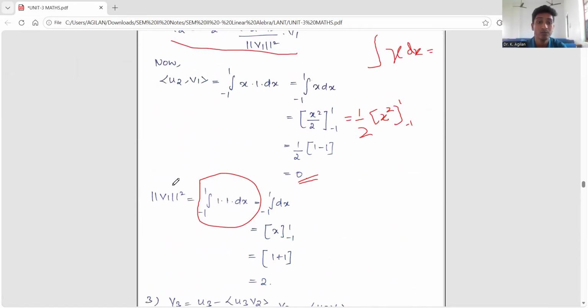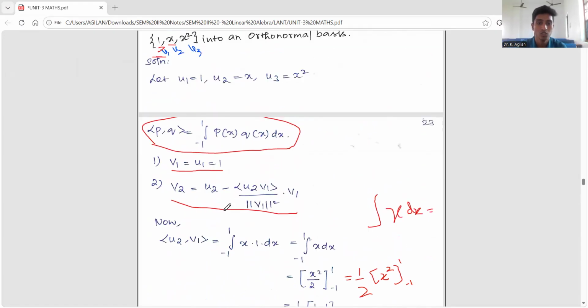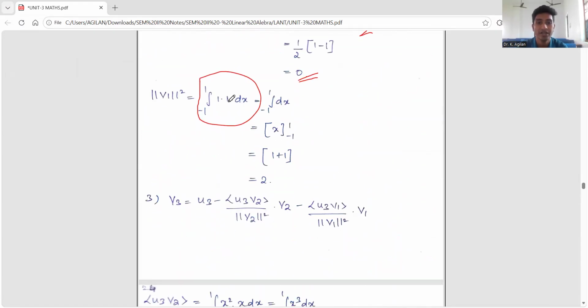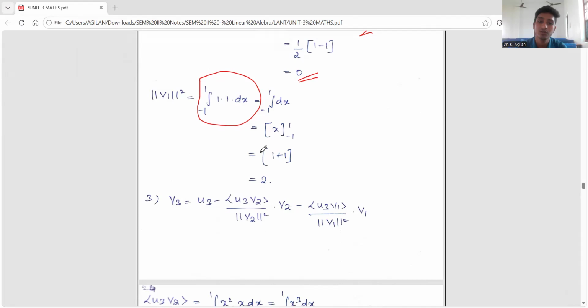What is V1? V1 is nothing but U1, and U1 is nothing but 1. So substitute: integral from -1 to 1 of 1 into 1 into dx. The integral of dx is nothing but x. So substitute the upper limit minus the lower limit: 1 minus of (-1).